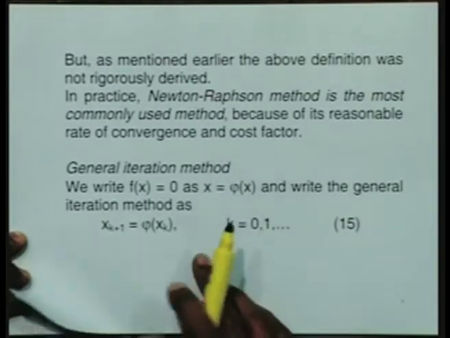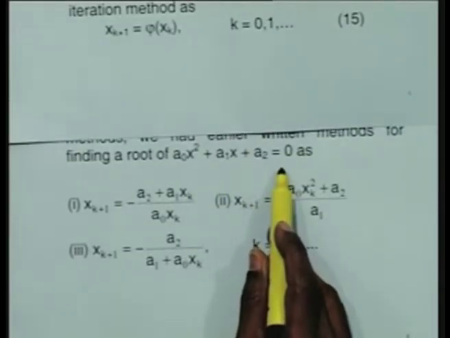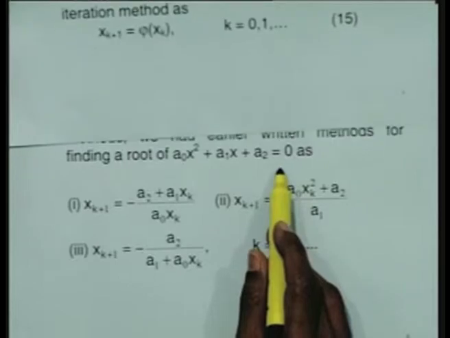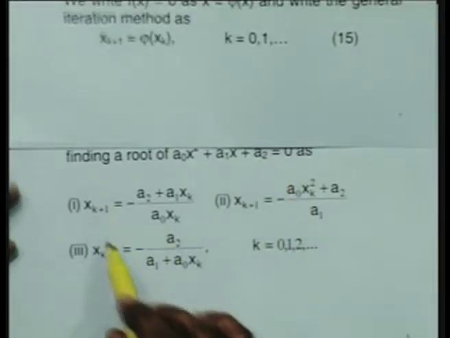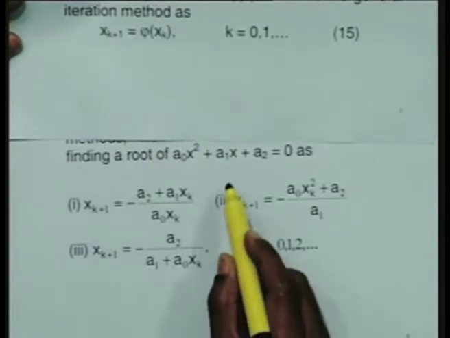Now, if you remember, in the second lecture when we started defining an iterative method, we have taken a simple example of a0 x^2 + a1 x + a2 = 0, and then said that we can write an iterative method for solving this in any of these formats. Let us look at what we have really done here.